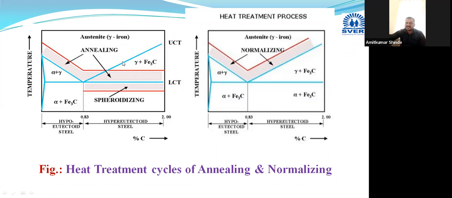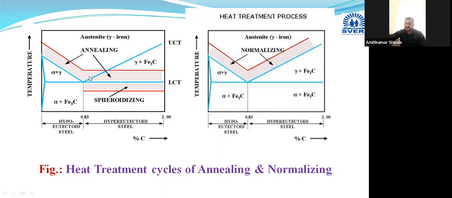Now the question arises: in the same way we discussed why annealing is not performed above the ACM temperature, unlike normalizing, which we conduct above ACM. I already explained why annealing is not conducted above ACM. In the same way, why is hardening not conducted for hypereutectoid steel above ACM? This is the ACM temperature line.